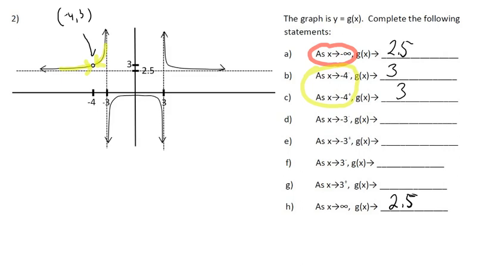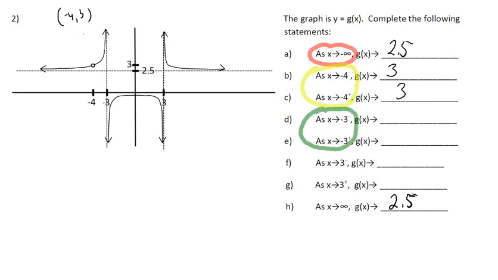What's going on the left side of -3? Am I going to positive infinity or negative infinity? Okay, there's always somebody who's not sure. Here's my vertical asymptote, right? Here are my two arrows. This one, the up one, and the down one. Which one's on the left side of the dotted line?